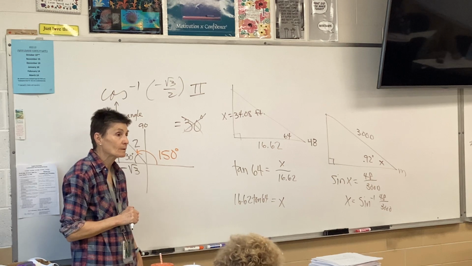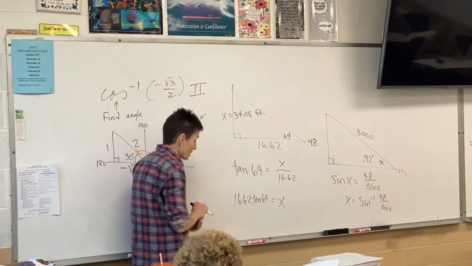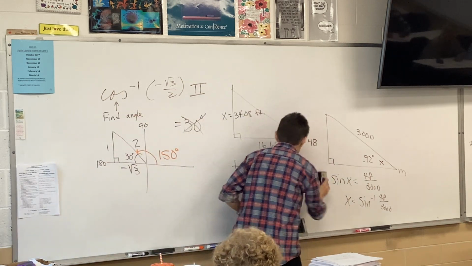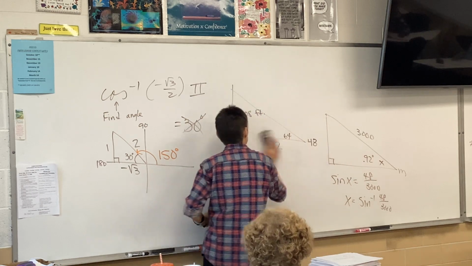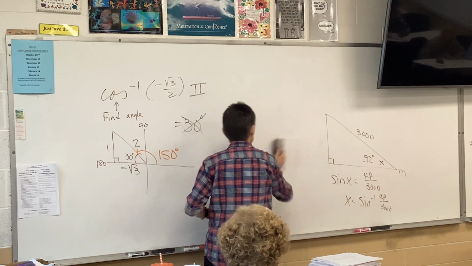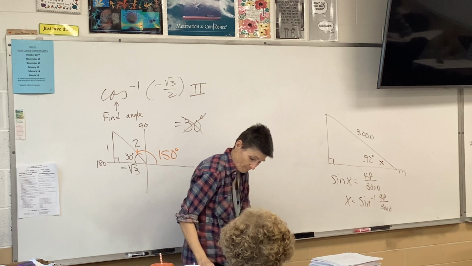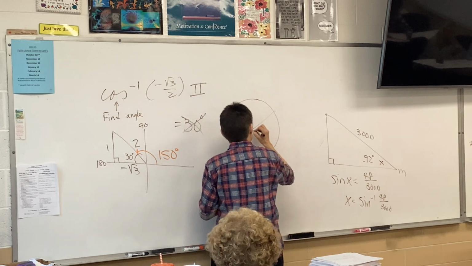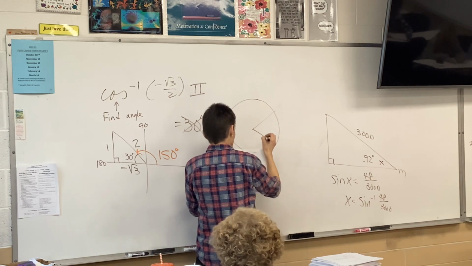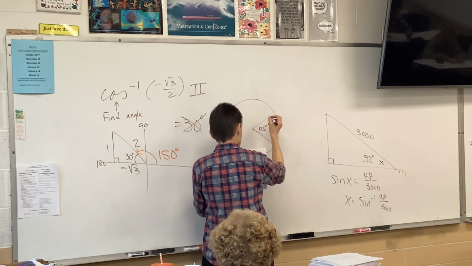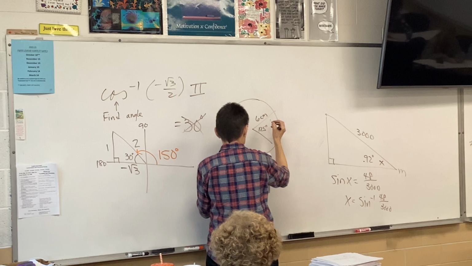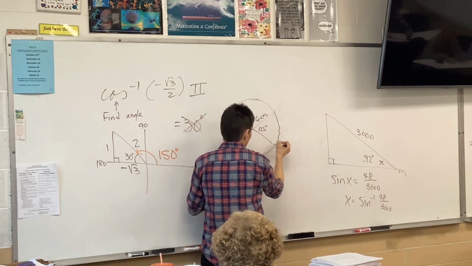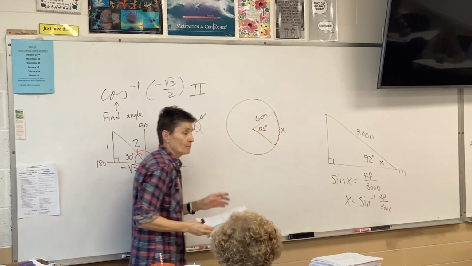You do number 3. 3 is another one that is going to take a couple of steps to do, because it has degrees, a radius of 6 centimeters, and I want to find the arc length.